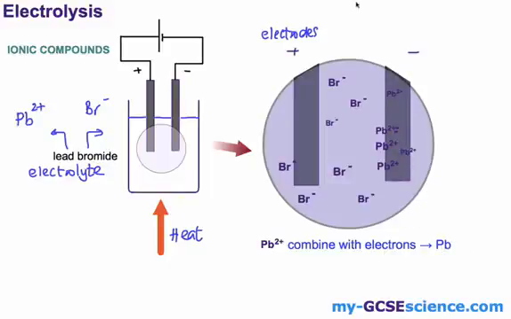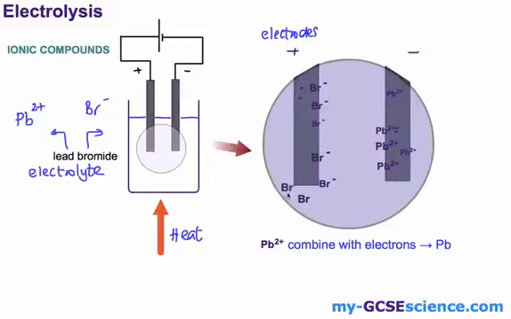And conversely, on the positive electrode, we have the bromide ions which are attracted. They'll be attracted to the positive electrode, but they don't gain electrons over here. What they will do is lose one of their electrons, because they currently have one extra electron, so they'll lose that electron, which will then flow off into the circuit.